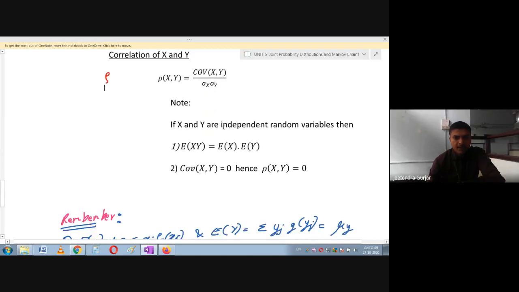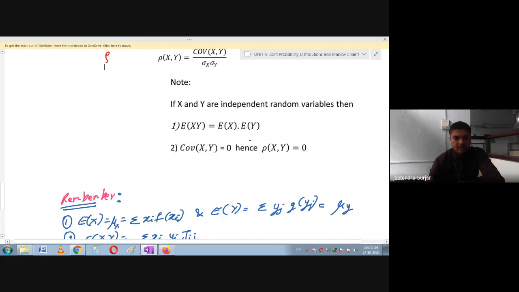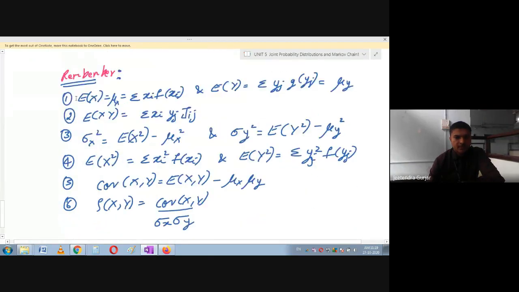If x and y are independent random variables, then E of xy is equal to E of x into E of y. When x and y are independent random variables, then covariance xy is equal to 0, and the correlation rho xy is also 0, friends. So please remember these points. If possible, you can write them down and practice.